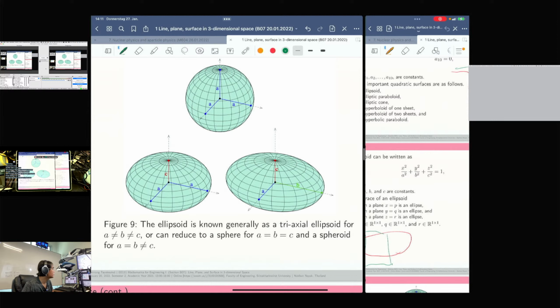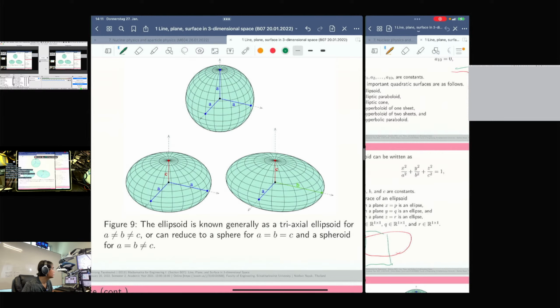What shape is our Earth? Spheroid, Chaikit said spheroid. Okay, Chaikit, where's... let's go to YouTube.